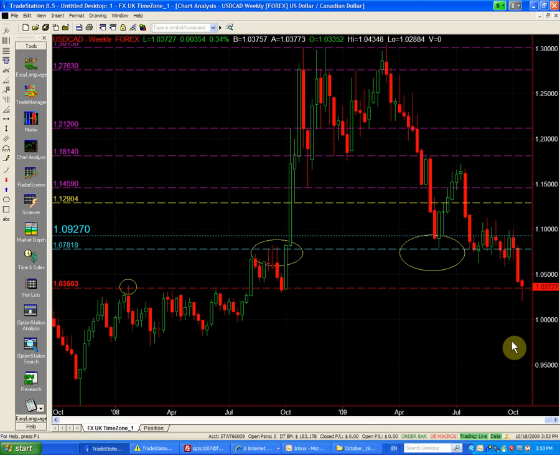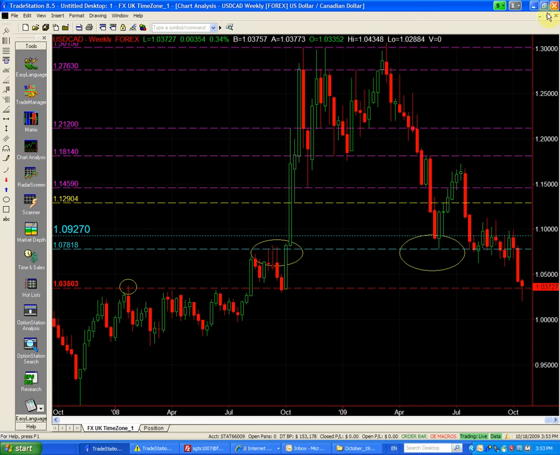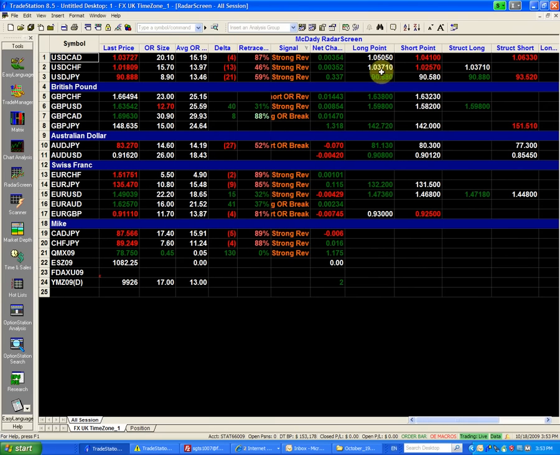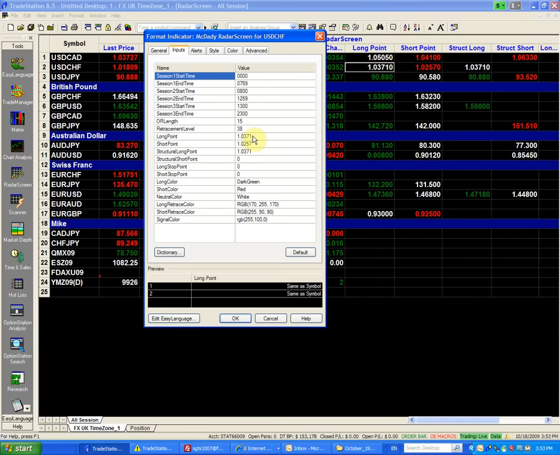So anyway, we are going to maintain the long above the 103.50, and we are going to initiate our buys above the 104.10 level. So our buying point is going to be above 104.10. I'm going to change that.